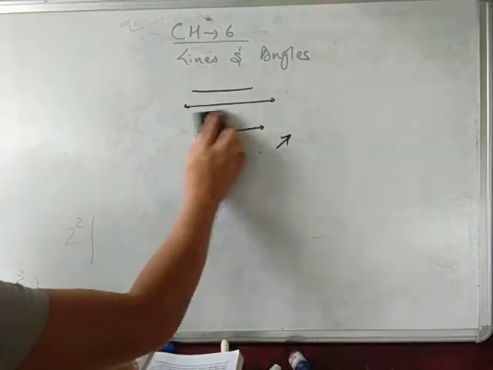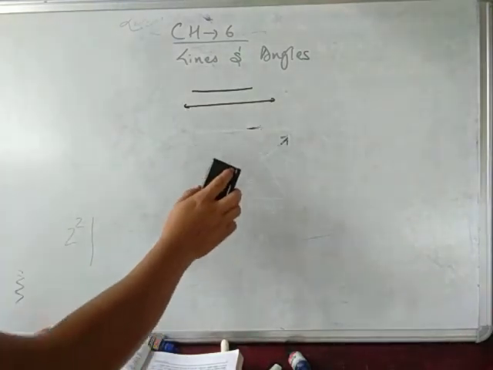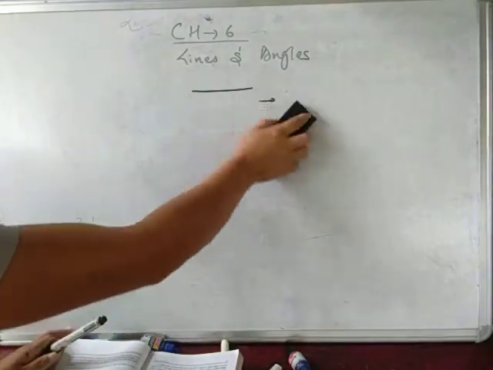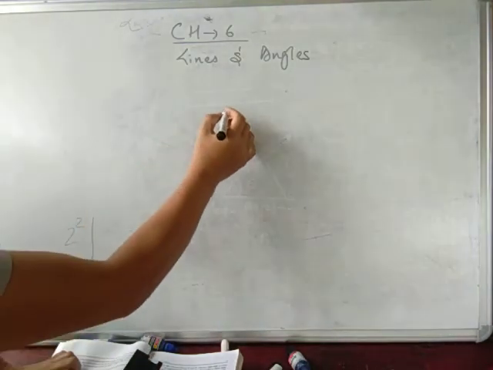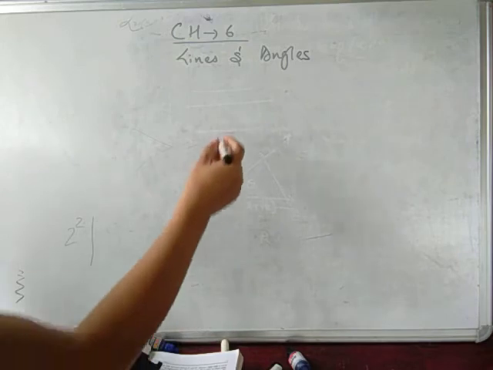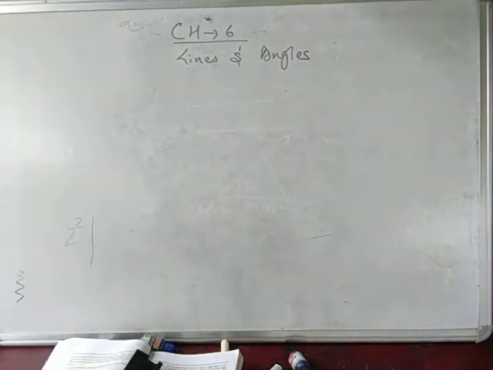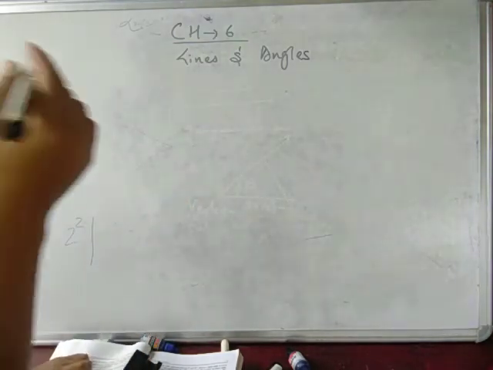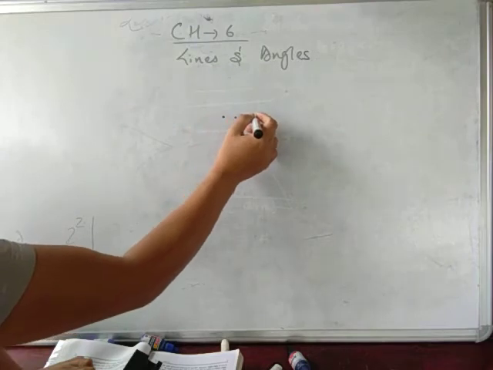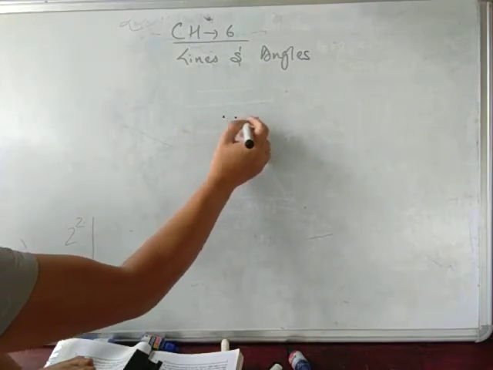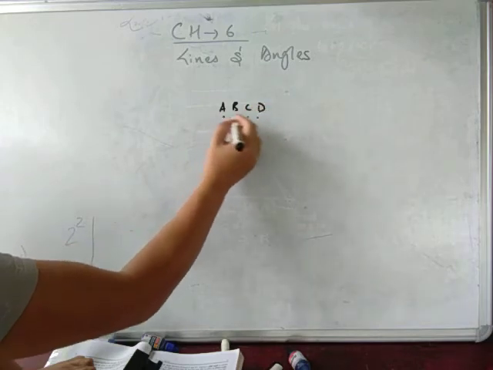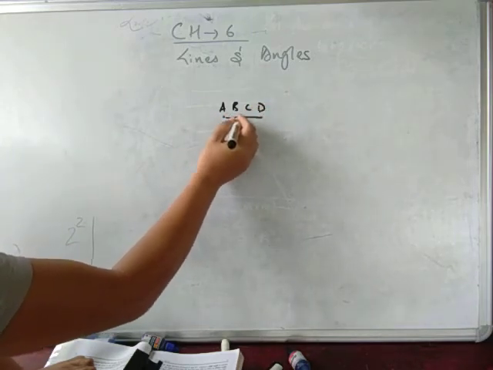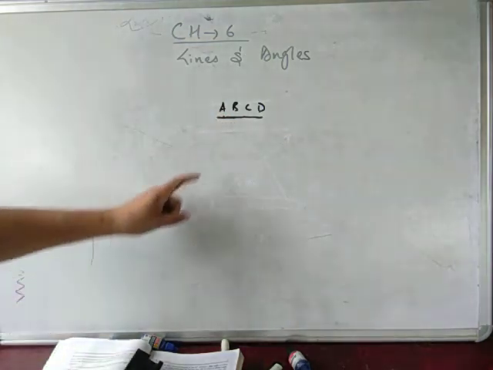Next we have collinear and non-collinear points. If points A, B, C, or whatever points there are, lie on the same line, then those points are called collinear points. If I draw a line, it will give a line.